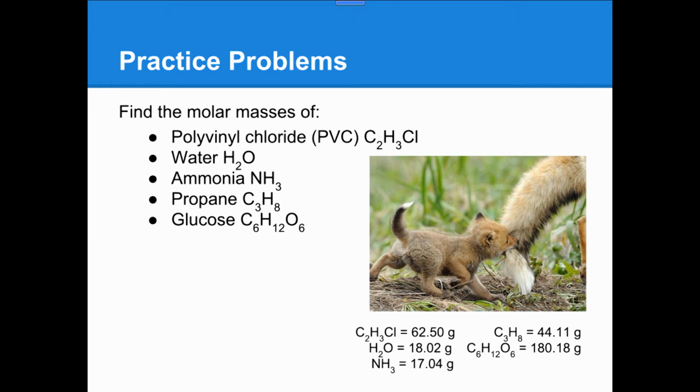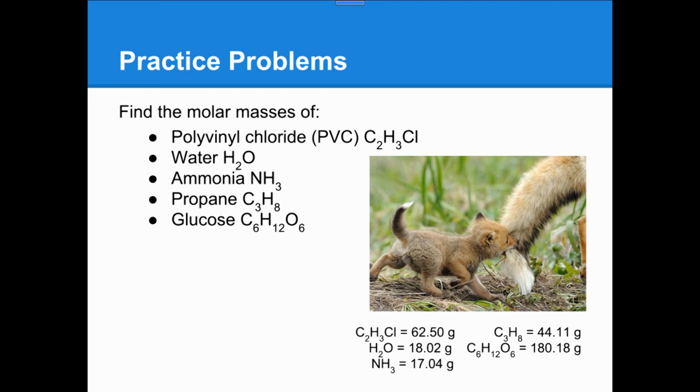For propane, you have 3 carbon at 12.01 each and 8 hydrogen at 1.01 each. Add them all together and you get 44.11 grams. And for glucose, we have 6 carbons, each 12.01, 12 hydrogen, each 1.01, and 6 oxygens, each at 16.00. Add them all together and we get 180.18 grams.